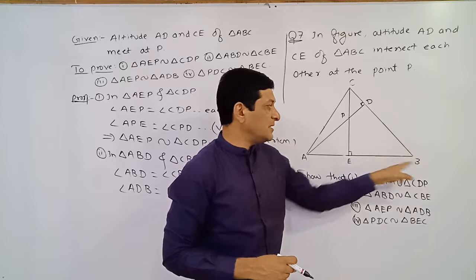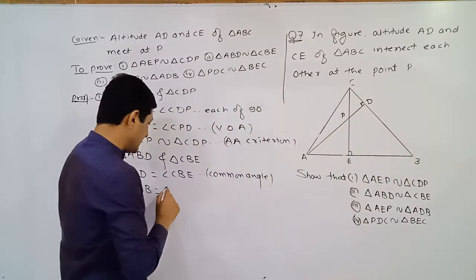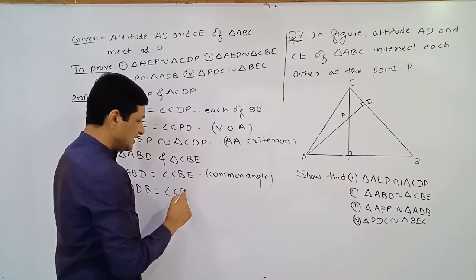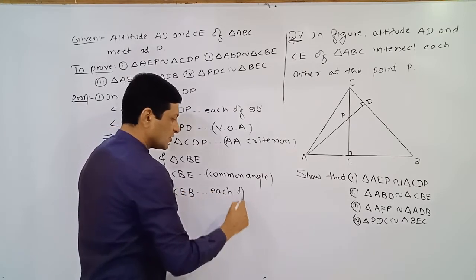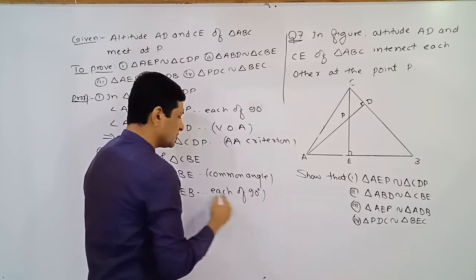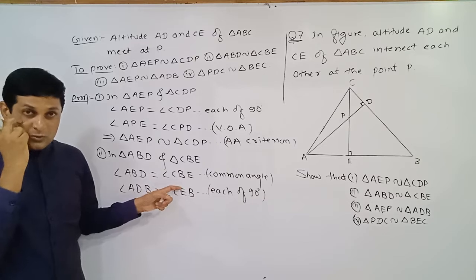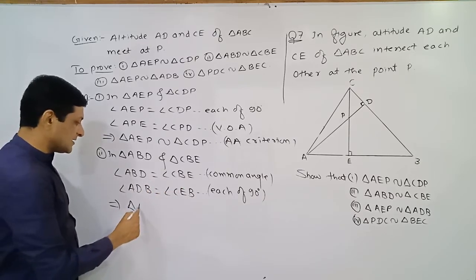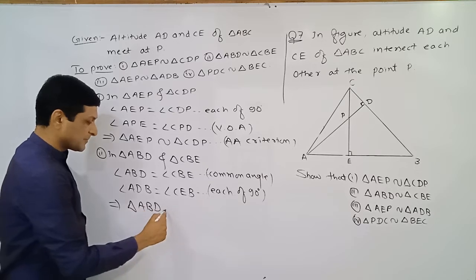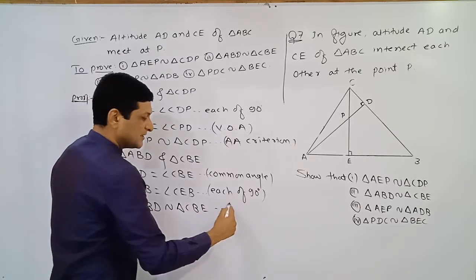In triangle CBE, angle CEB is 90 degrees. So these two angles are each 90 degrees. In this way, what result have we got? Two angles of the first triangle are equal to two angles of the second triangle. So this implies that these two triangles are similar. By which criterion? AA.